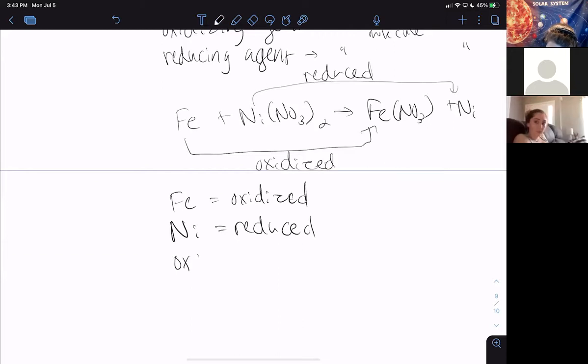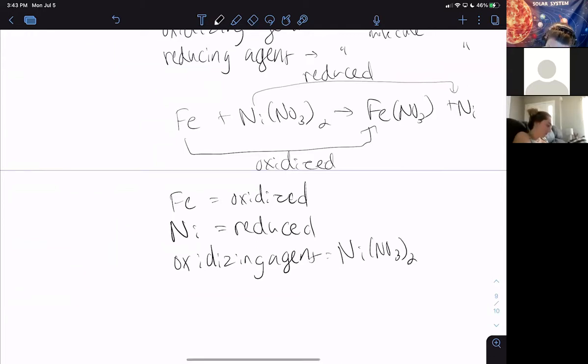Our oxidizing agent is going to contain the thing that's being reduced. That would be nickel nitrate. And then our reducing agent, that contains what's being oxidized, would just be iron in this case.